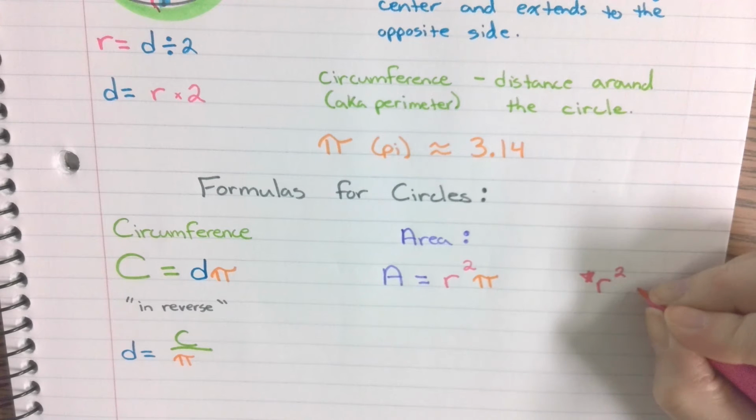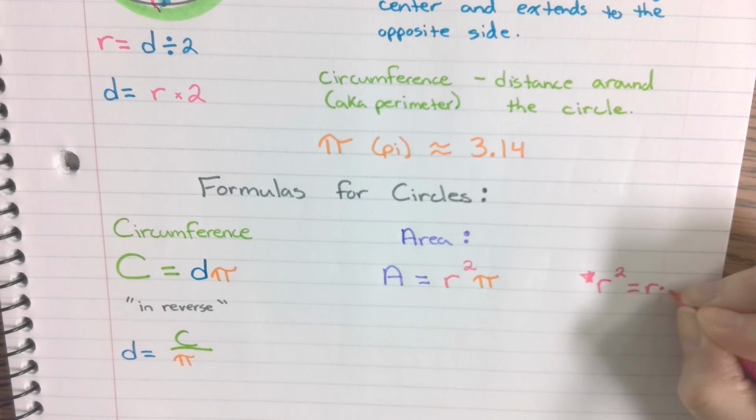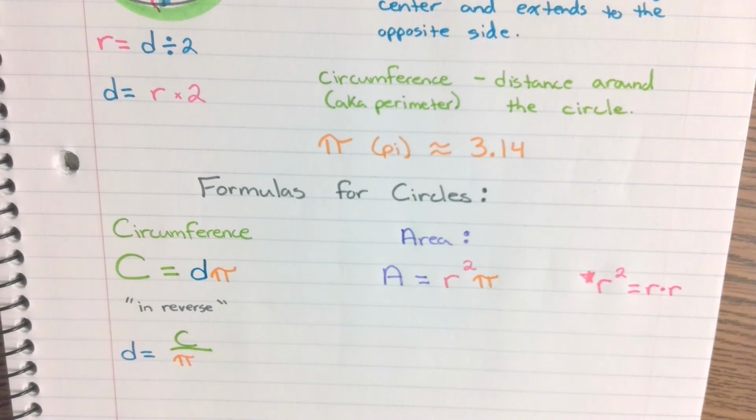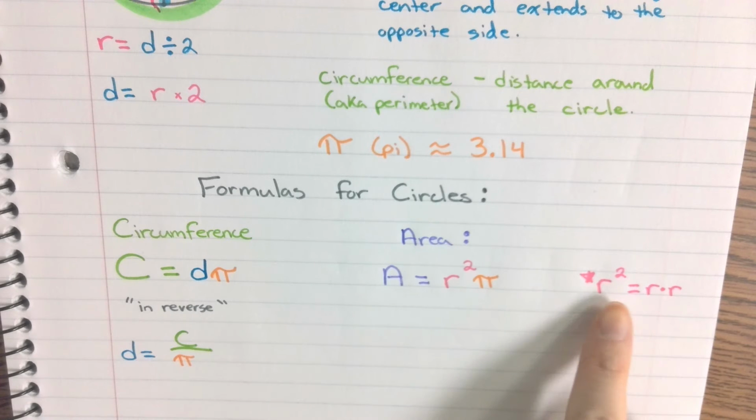R squared means R times R, not R times 2. That's the biggest mistake that I see every single year. People think R squared means that they're going to do R times 2. So they're like, oh, 4 squared is 8. No, 4 squared is 16. You're doing 4 times 4, not 4 times 2. So please keep that in mind.